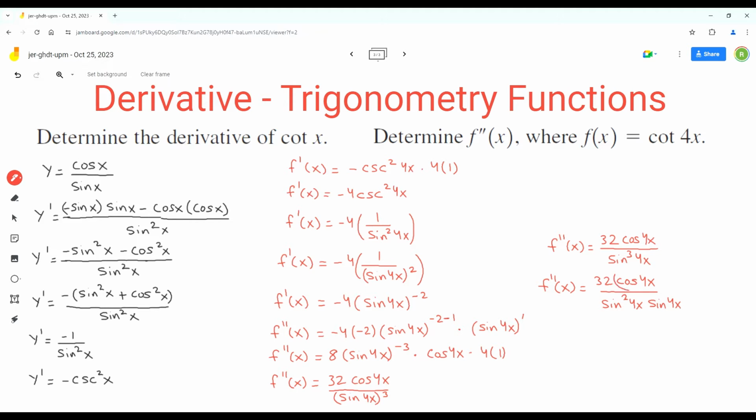Now cos over sine is equal to cotangent. And the sine square 4x in the denominator can be changed to cosecant square 4x by moving the term to the numerator. So this should be the final answer for the second derivative of function f of x.